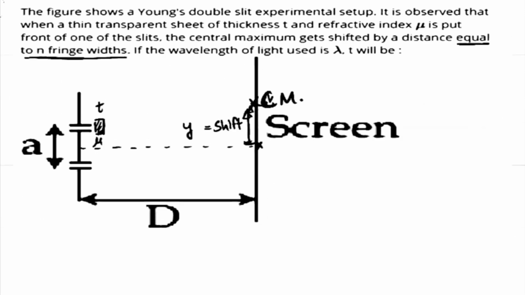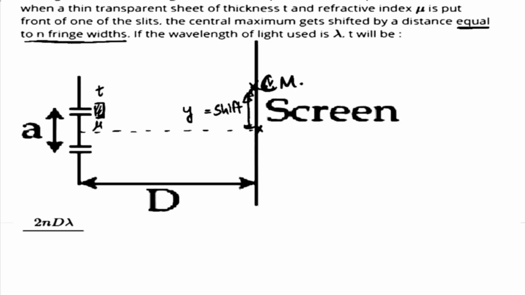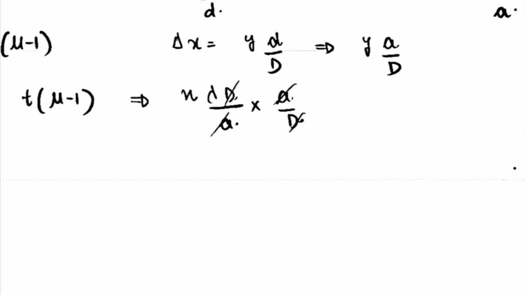So in the problem we had to find the value of t. Okay, the value of t will be what? From here the value of t should be n lambda divided by mu minus 1.